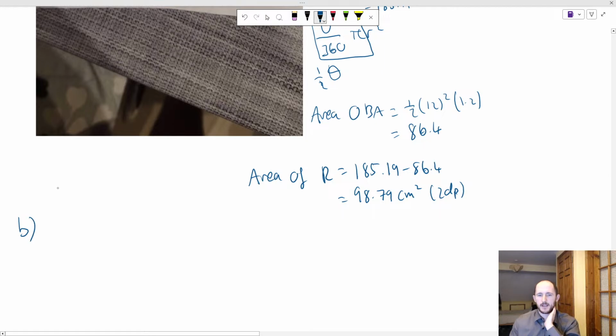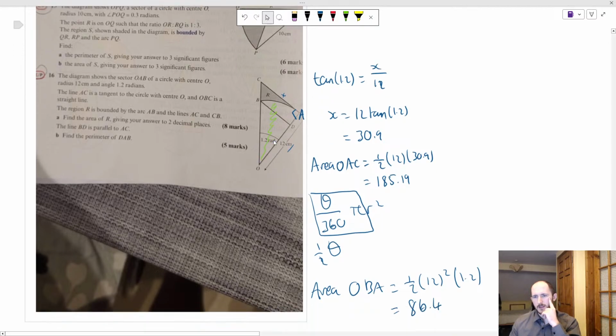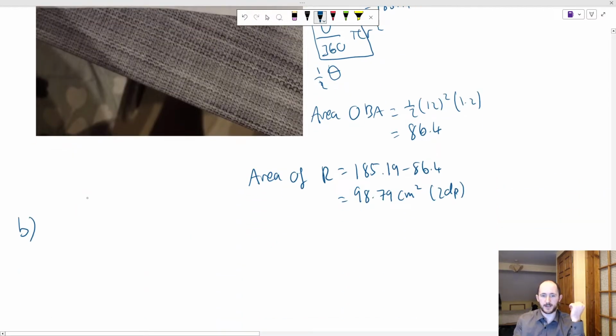So for part B, I'm going to quickly go through this. So DAB, how do I want to write this? Because now I can't see the image properly. I'm going to rub some of this stuff out. It is going to be this arc length here. And arc length is just r theta.